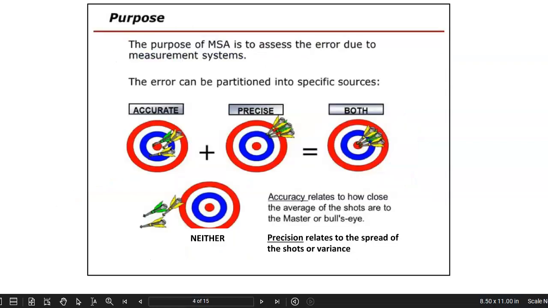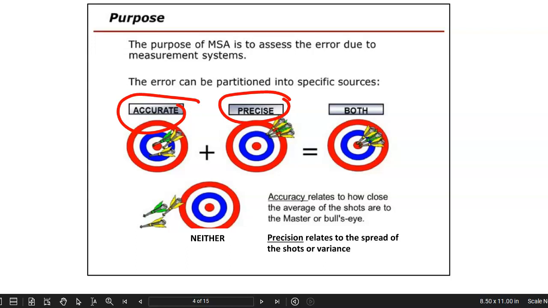So the goal of a measurement system analysis is to make sure that when we are observing and recording phenomena that's happening in our process, we're both accurate and precise. If we have a good measurement system, we'll have both of those things. Accuracy includes elements related to stability, or over time, are we able to record the same phenomena the same? It relates to linearity, or throughout the measurement range, are we able to record the same value over and over again?